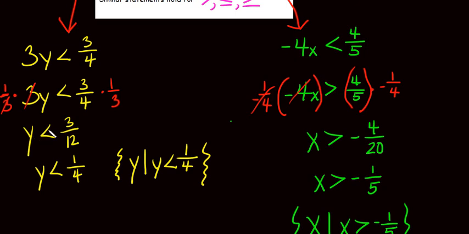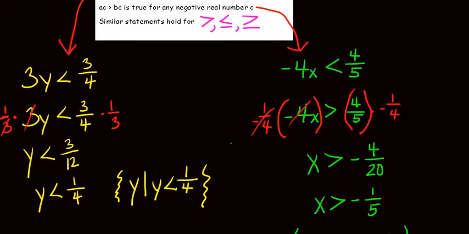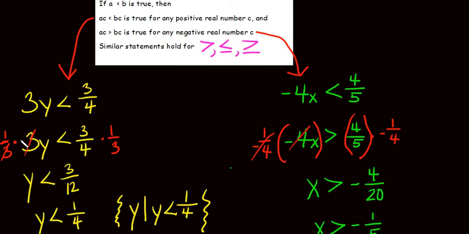So y is less than 3/12, and I reduced that to 1/4. So the solution set is y such that y is less than 1/4. If you put any number in here that's less than 1/4, this is going to hold true. That's why I drew the arrow to this is true, because I multiplied both sides by a positive number.